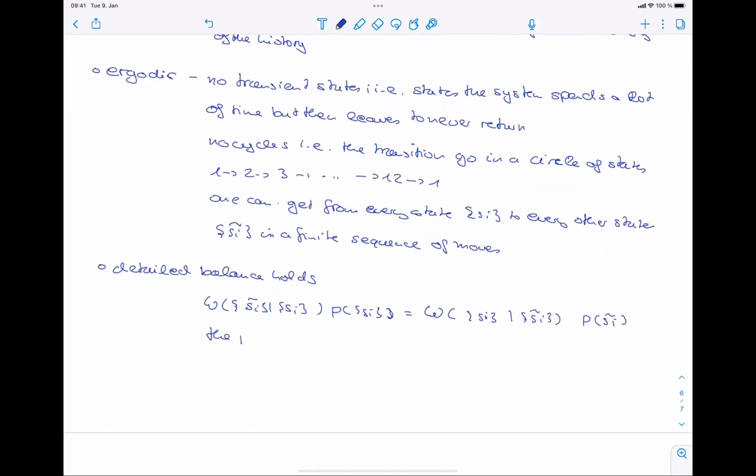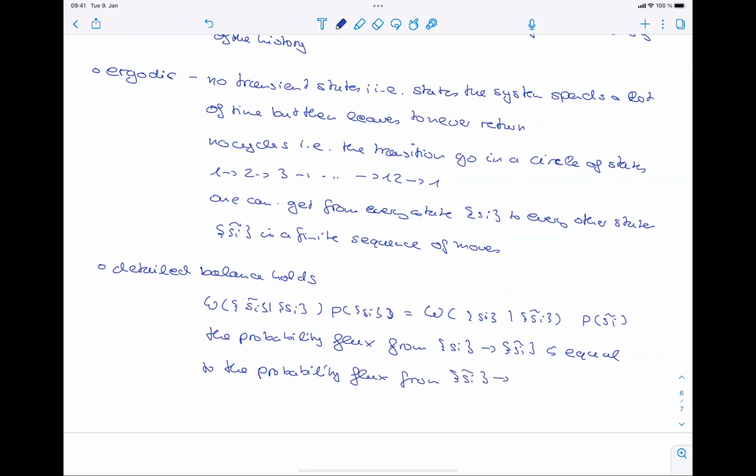So the probability flux from S to S tilde is equal to the probability flux from S tilde to S.